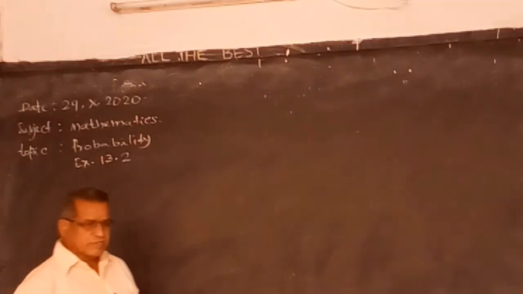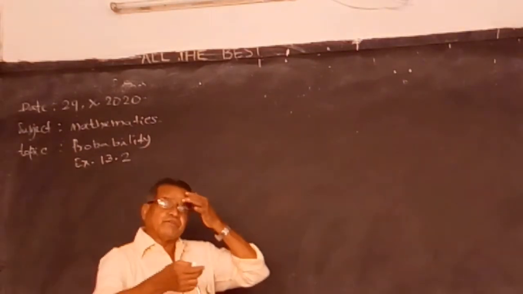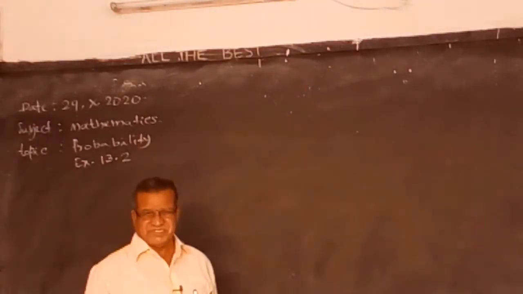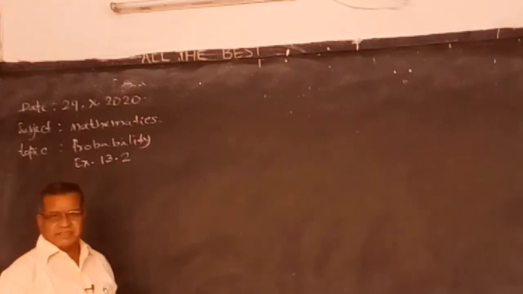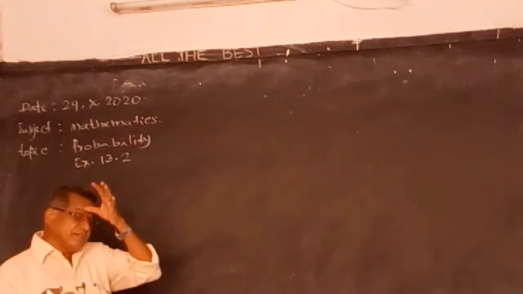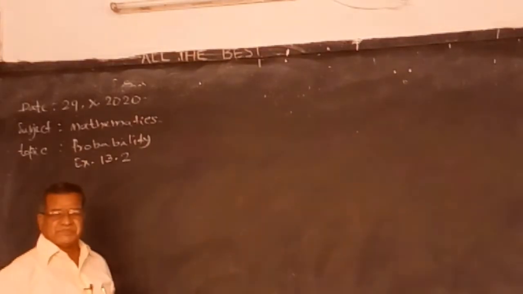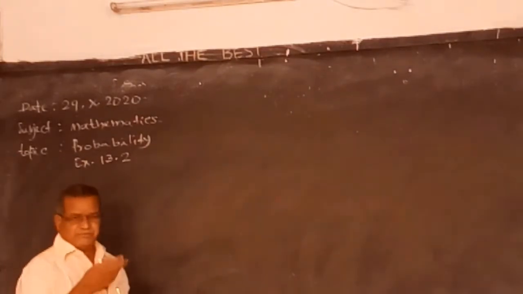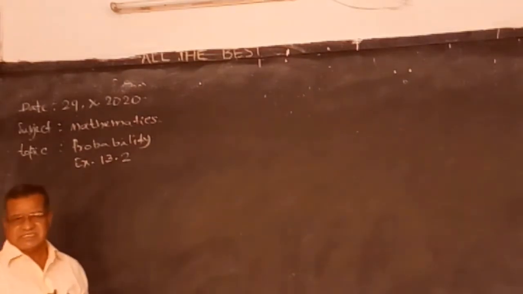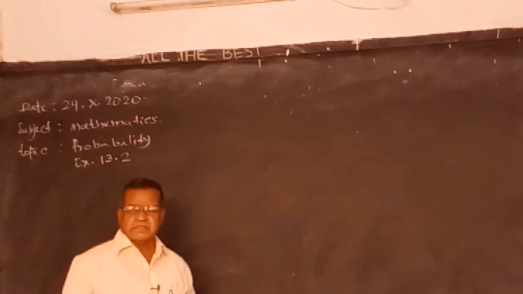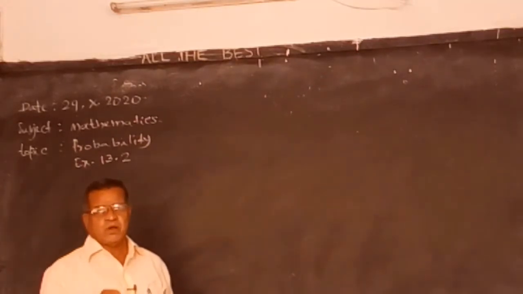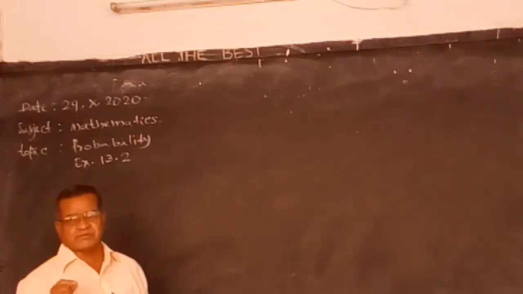What are the outcomes here? Suppose when we toss a coin, we get two outcomes, head or tail. A coin contains head and tail. Suppose you take a dice, it has six faces numbered 1, 2, 3, 4, 5, 6.